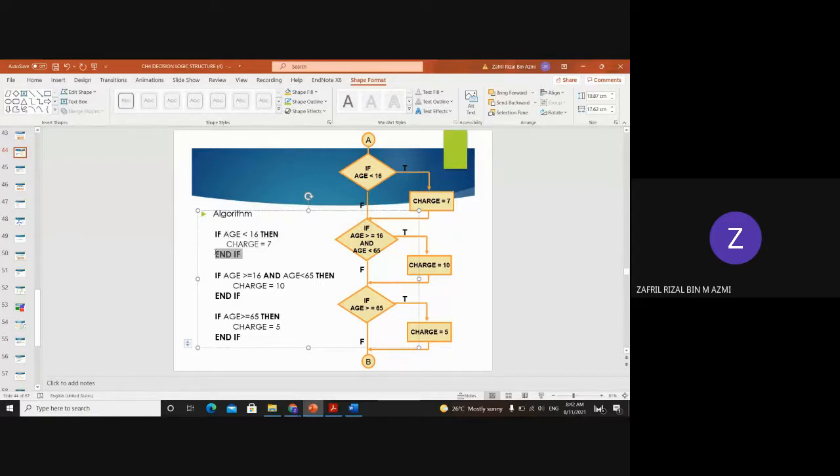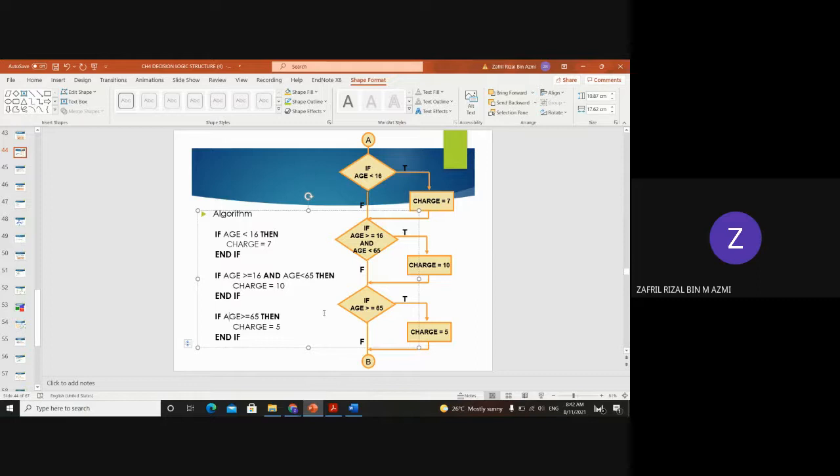It treats this as independent. That's why if and if and if. So this is like the single selection. Although it is a multi-selection, it is a combination of single selections, in how you write down the design.